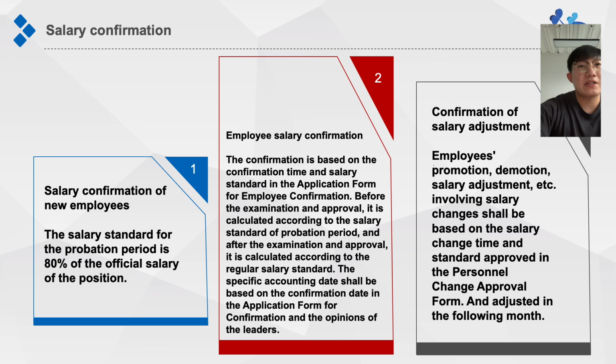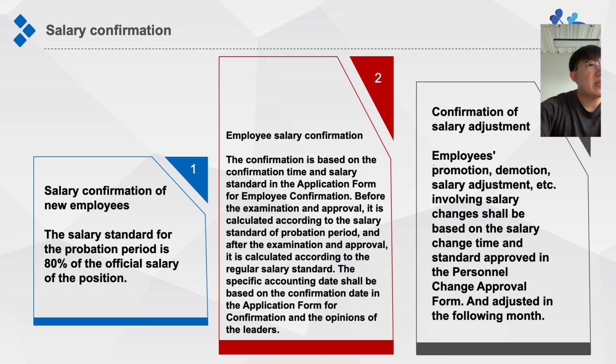Okay. Last is salary confirmation, with 1, 2, 3 different parts. One, salary confirmation of new employees. The salary standard during the probation period is 80% of the official salary of the position. And second is employee salary confirmation.